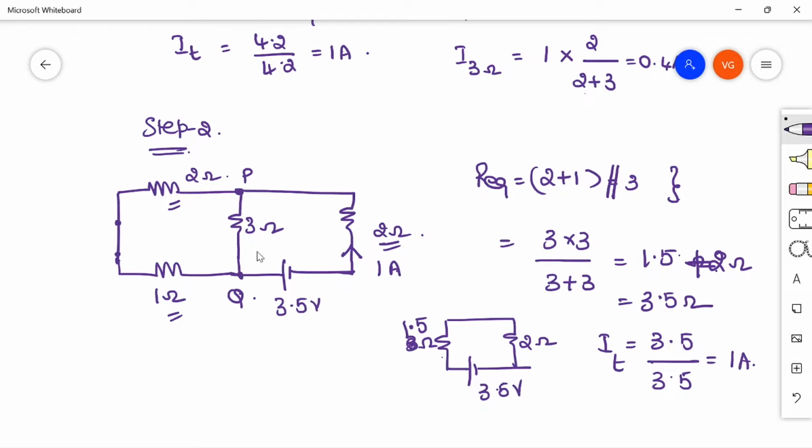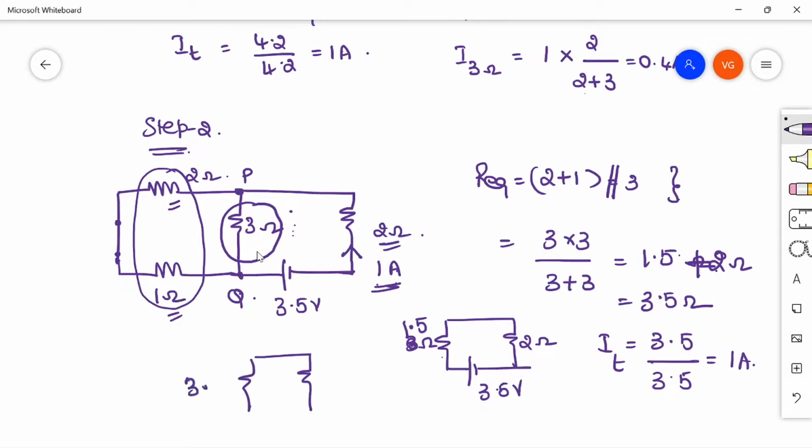This 1 ampere, because of this 1 ampere current, how much the current is flowing in 3 ohms, that we need, right? So if you see here, these two can be replaced with one resistance, that is nothing but 3 ohm. Here this is 3 ohm, this is 2 ohm, and here I have this 3.5 volts.